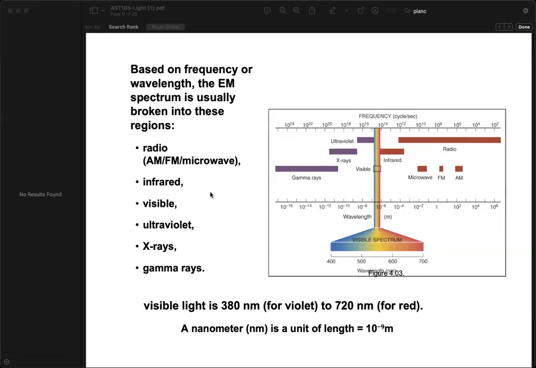Why are we talking about this here? We are talking about this because even though we cannot see these other parts of the electromagnetic spectrum with our eyes, we can make instruments, digital cameras and other kinds of cameras, which can see these parts.